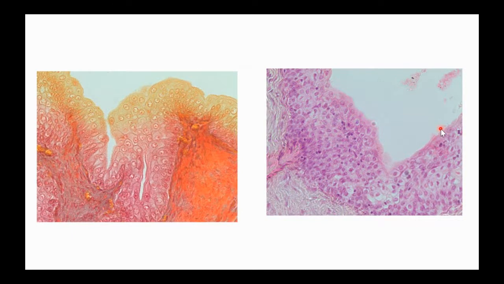Yeah, exactly. Stratified means I've got more than one layer. So remember that stratified cuboidal and stratified columnar, there is more than one row of these cells, whether they're column-shaped cells or whether they're cube-shaped cells. Stratified columnar, stratified cuboidal.